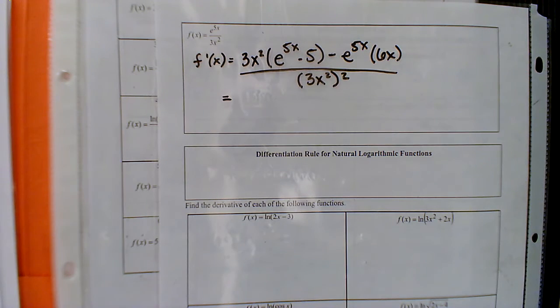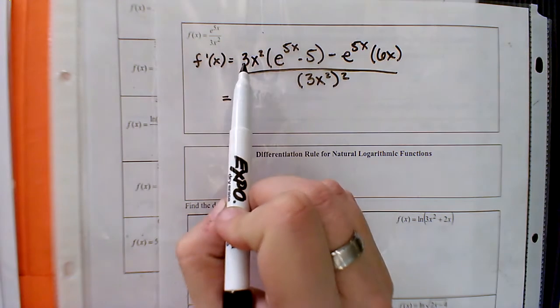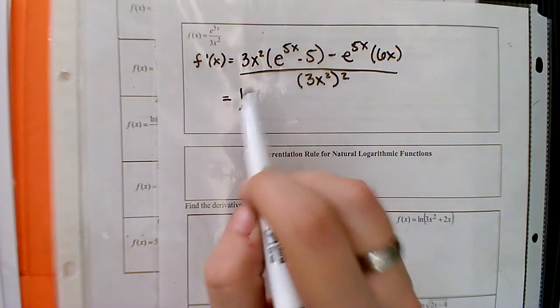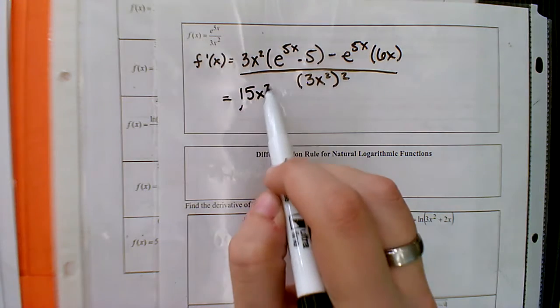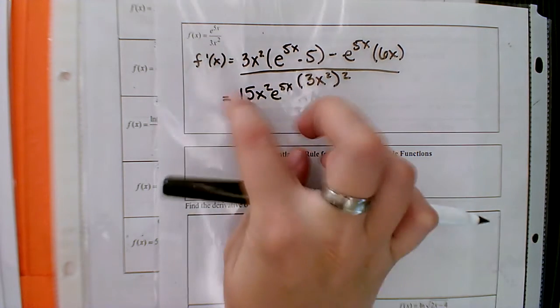All right, so there's the initial derivative, but we're going to clean it up, simplify it a little bit, make it look nicer. So our first term, everything being multiplied together, we could do 3 times 5, which is 15, and then the x squared e to the 5x.